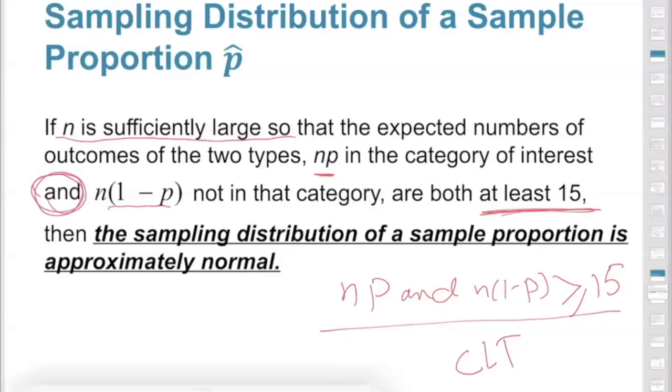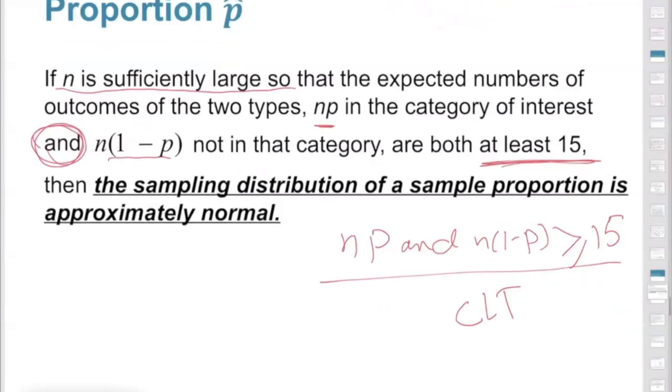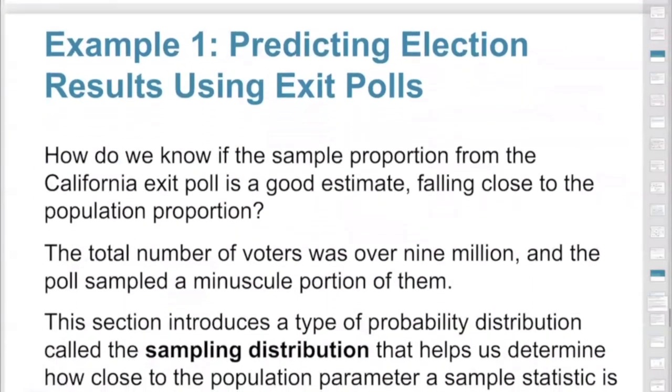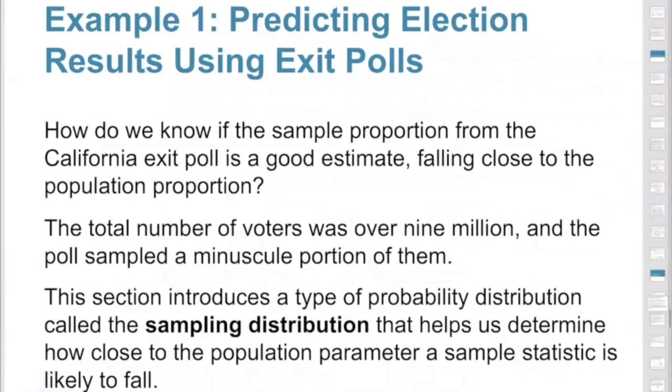In this case, the distribution of p hat is a normal distribution, so you can use it again to find any probability or any prediction or inference you would like to do.